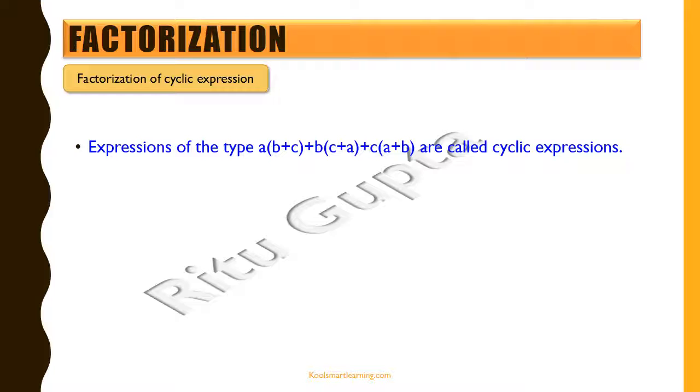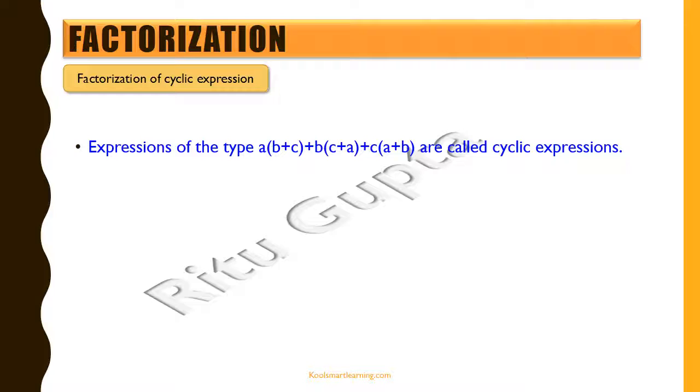Now let's try to understand what is so special about this expression. If you see it, the first term, which is a multiplied by b plus c, is in a way similar to the second term and third term, with the difference that you can obtain the second term by just cyclically replacing each alphabet.